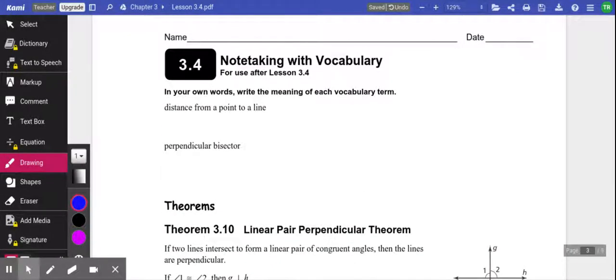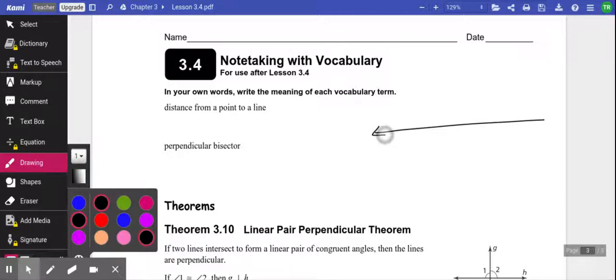But here's our core ideas here. So we're on page 83. We're looking at the distance from a point to a line. If I have a line and a point P not on the line, and I want to know the distance, which line would you use to measure? Would you use this blue line?